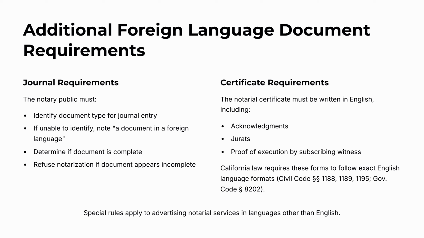California Civil Code sections 1188, 1189, and 1195. California Government Code section 8202. Please note also, special rules apply to advertising notarial services in a language other than English. These rules will be discussed later.